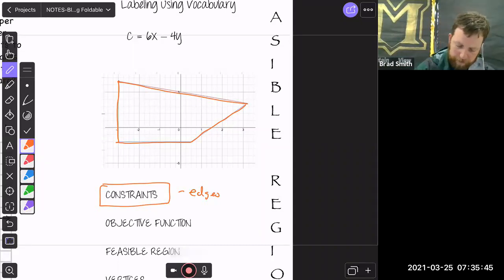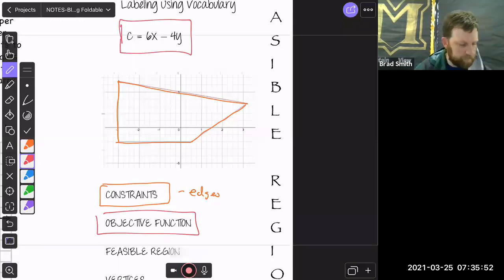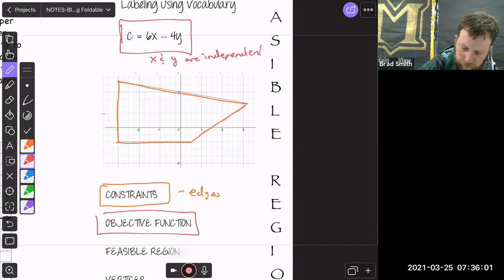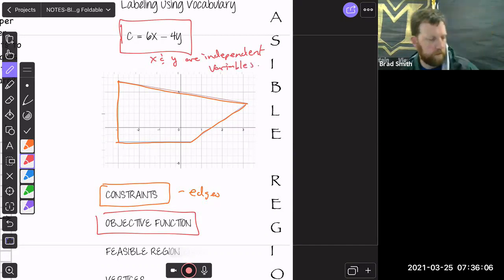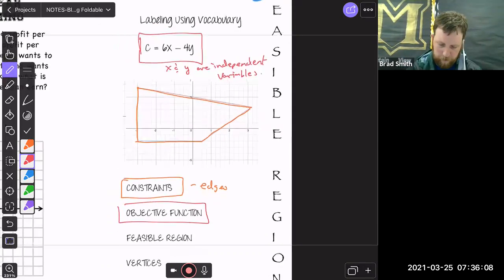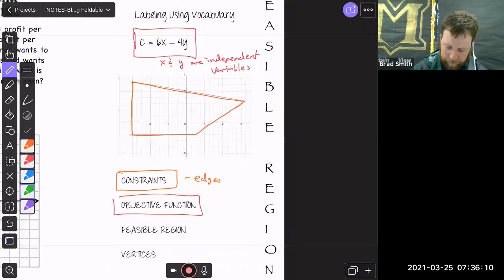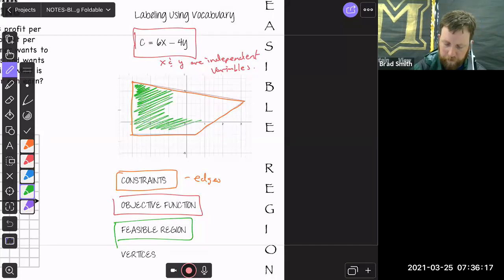My objective function, I can do this in red, is up top. This is my objective function, and X and Y are independent variables. The feasible region is this area inside. This is all that could be true based off of your graph.